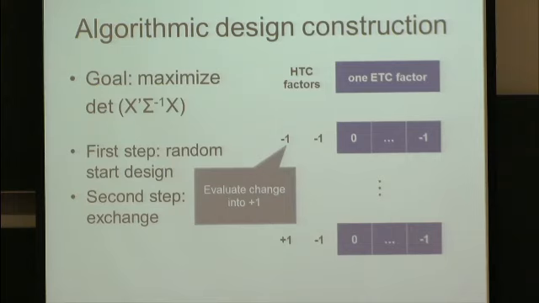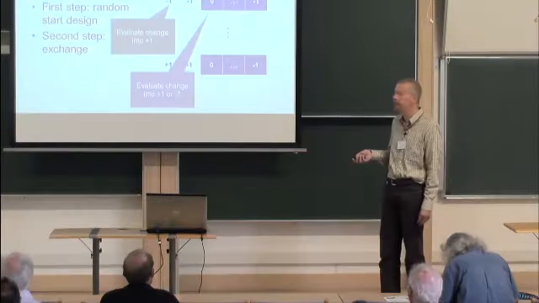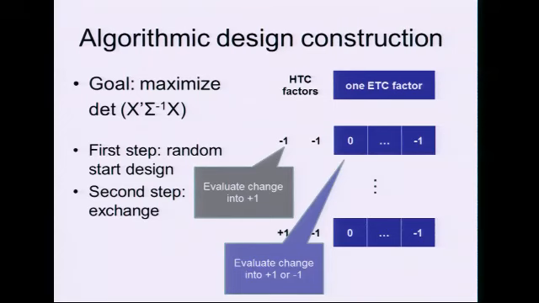If the criterion improves, it keeps the improvement, and then it moves to the next whole plot factor and tries a change there. And then it goes on to the subplot factors, and for this case it's a 3-level subplot factor. It evaluates what happens if you change that 0 into a +1 or a -1.